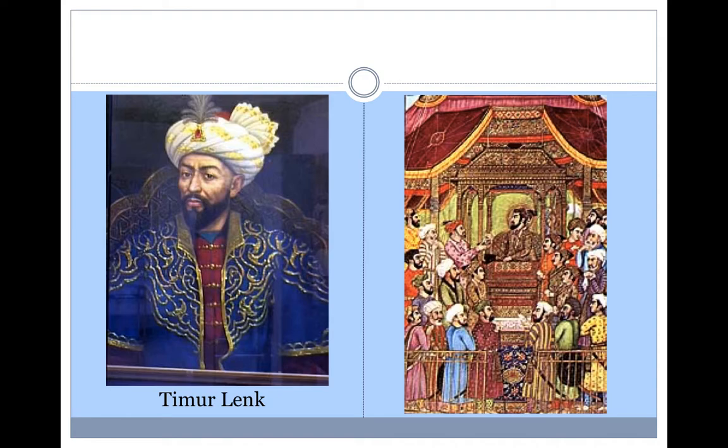So Timur Lenk came through and started leading these military campaigns through India and taking over the territory very quickly. He was able to do that fiercely.